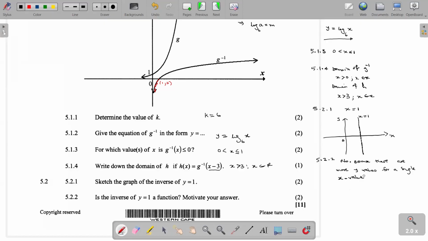Because there are more y values for a single x value, it's not a function. That's 2 marks there.